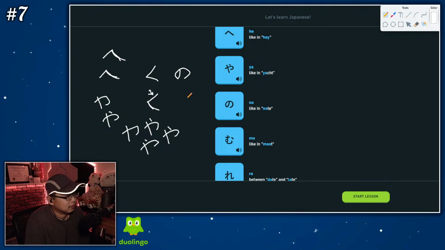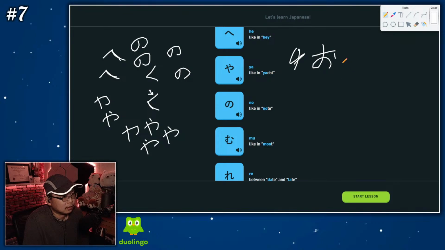No. Oh, that's a no. You can't do curved lines with this. Oh no. Jeez. Oh no. There we go.